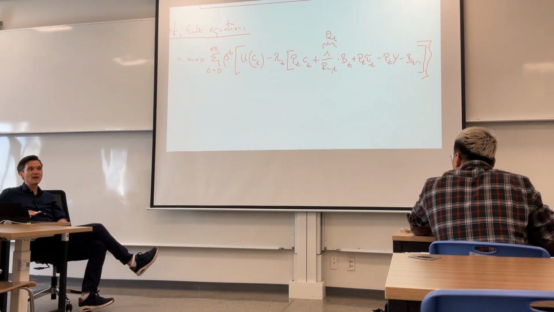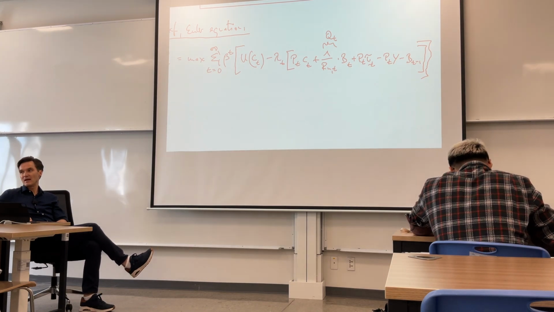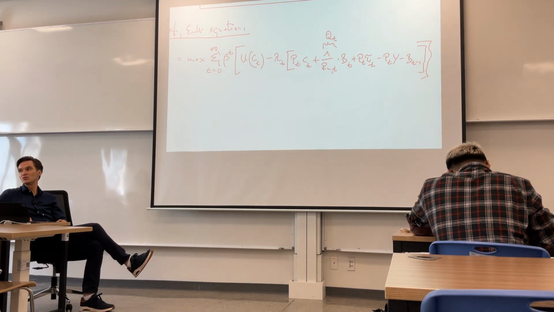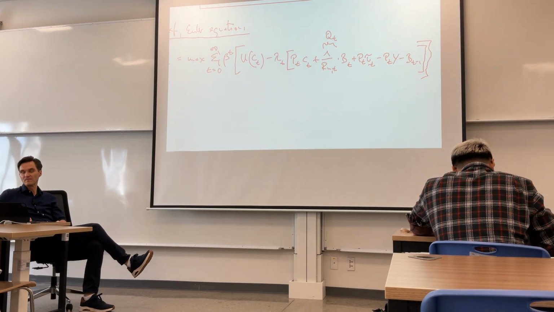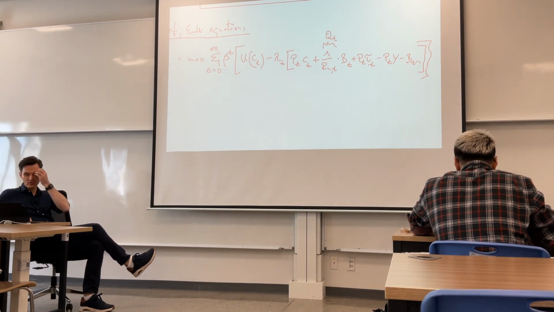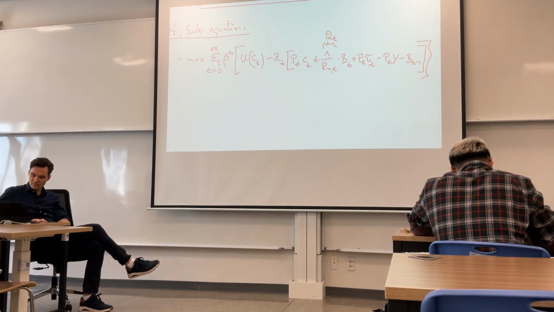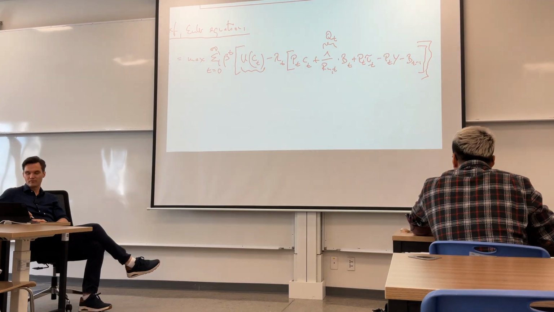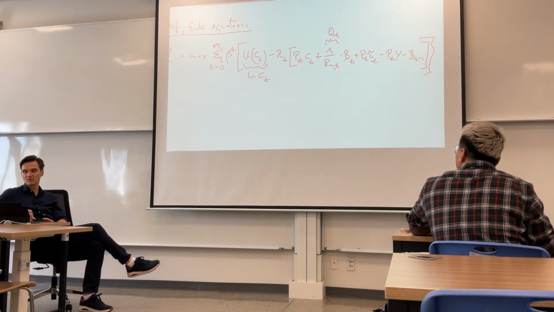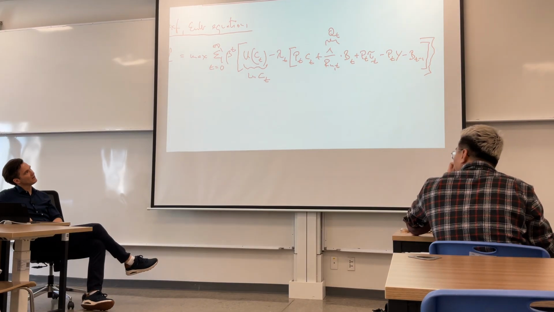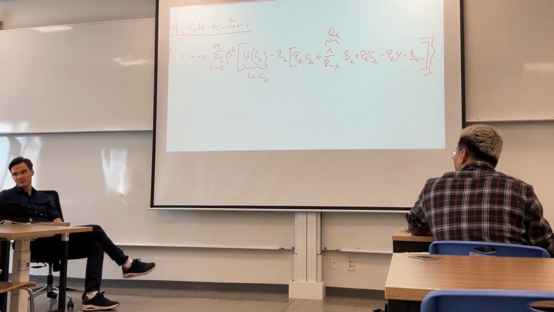Now I want to make our lives a little easier here, and because implicitly that's what the authors assume after all. Okay? So the authors make one important assumption that I want to do here. Let's use for u of c a particular functional form, and let's have this the natural logarithm of c t. So let's use the utility function to be the logarithm.